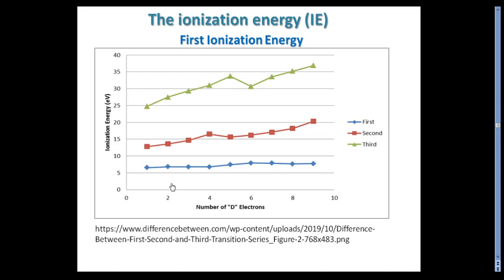There, this linear line indicates that the ionization energy is not varying by much. In the same way, the other two lines follow the trend, not with much difference. Some little fluctuation is there, but the differences are very small.